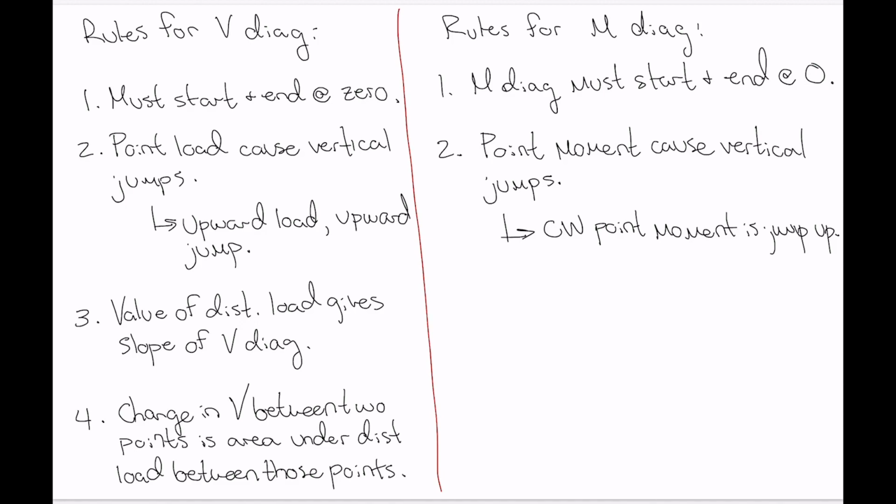Okay, rule number 3. For moment diagrams, at any position along the length of the beam, the slope of the moment diagram is given by the value of the shear diagram at that position.